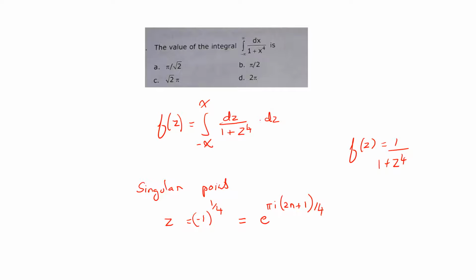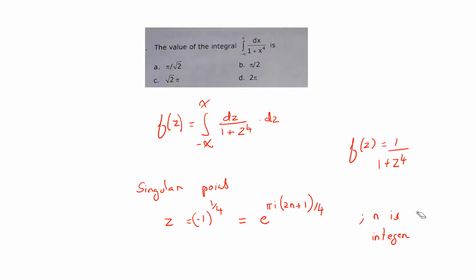So this can be written this way using Euler's formula, and so this is written this way. Now n is any integer.